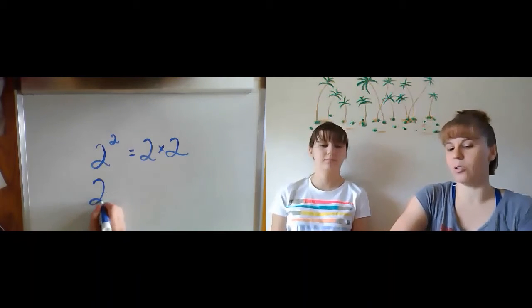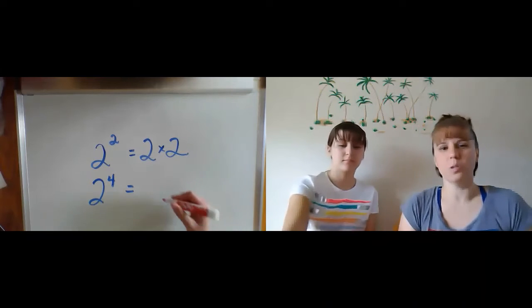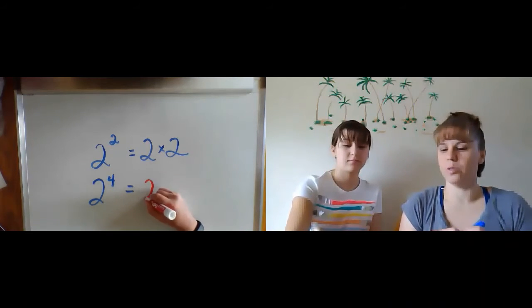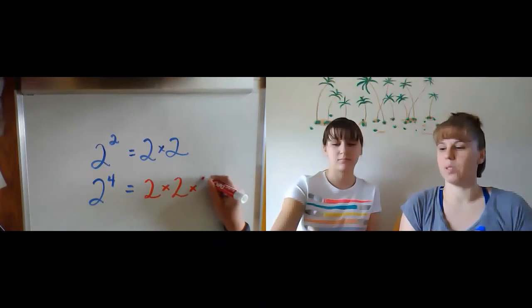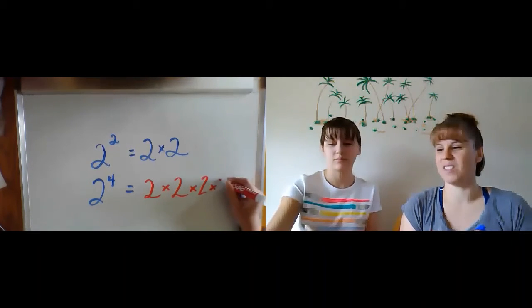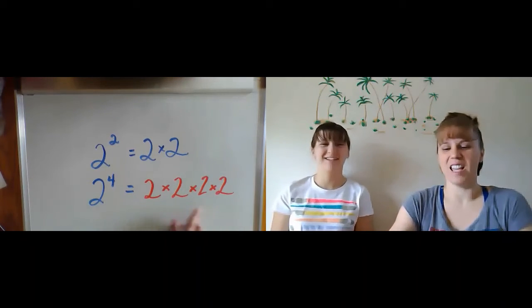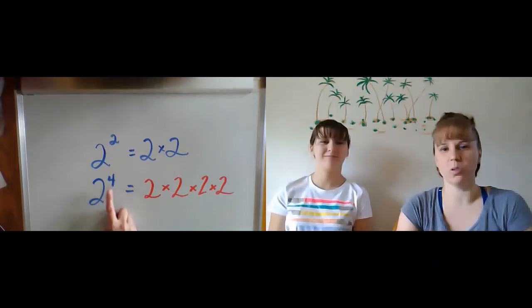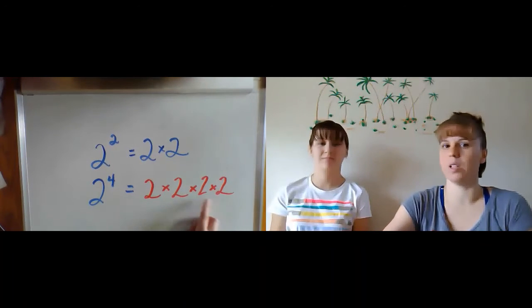If we had 2 to the 4th power, can you write out an equation for that, Selena? 2 to the 4th power, 2 times 2 times 2 times 2. So she has 2 to the 4th power means 2 times itself 4 times: 2 times 2 times 2 times 2.